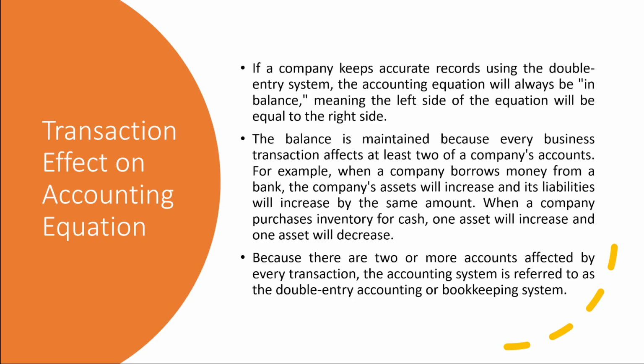When a company purchases inventory for cash, one asset will increase and one asset will decrease. This is one type of transaction that can occur within a business, using the money that we have to buy other resources to help the company generate profit.